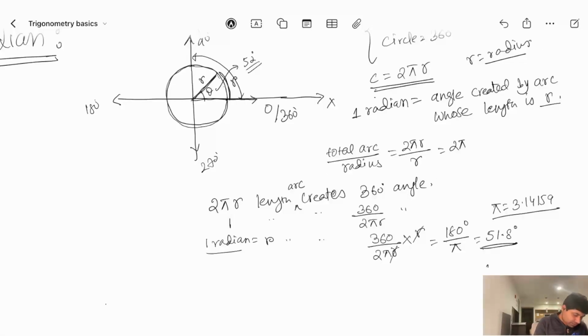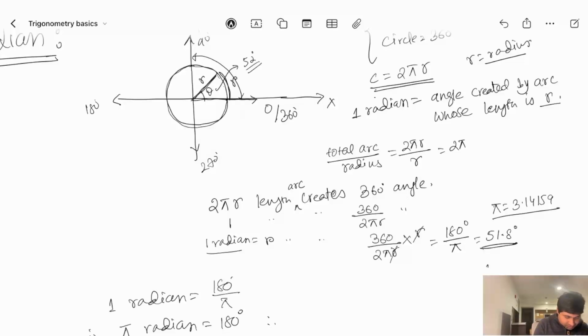Okay, so now we can clearly see that 1 radian is nothing but 180 by pi. So pi radian is actually 180 degree, right?